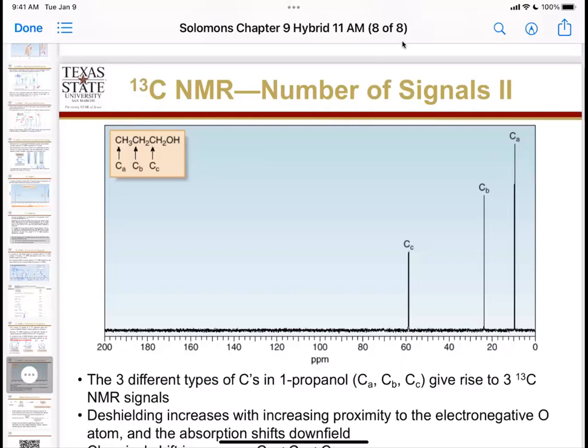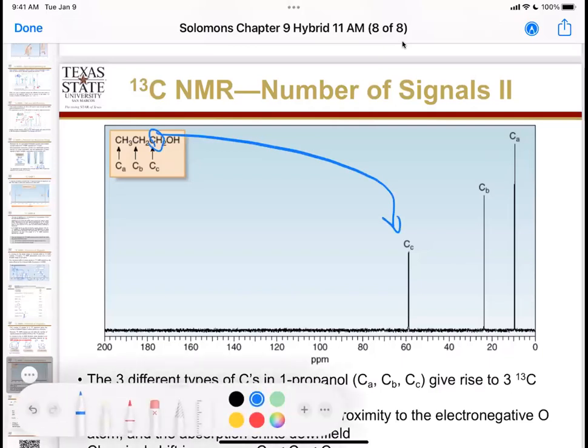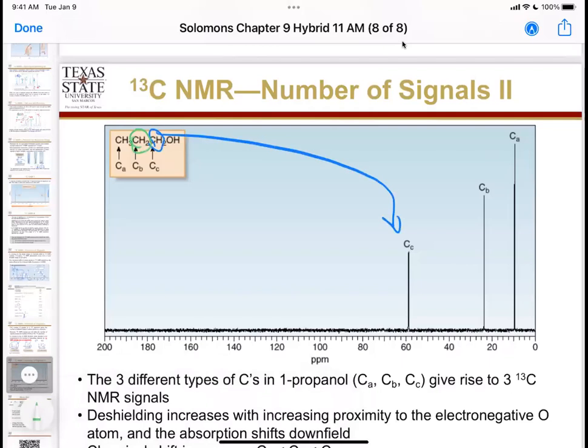So let's look at what we have. We have propanol right here, 1-propanol. The one that's closest has to be this one here because it's the furthest downfield. It's the only one directly bonded to the electronegative atom. The next one here has to be attached to it because it's partially downfield, being within two bonds of the oxygen, but it still has the carbon there.